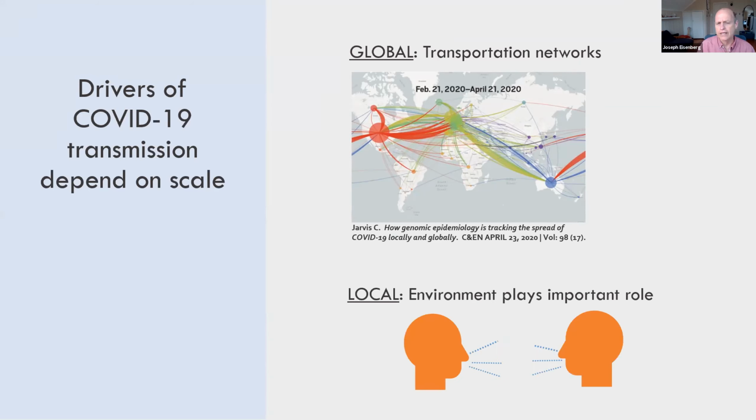But at the local scale, the environment plays a much more important role for respiratory diseases. And many of our non-pharmaceutical interventions that we think about, wearing masks, distancing, cleaning surfaces, are environmentally mediated interventions. So the environment is an important part of transmission.